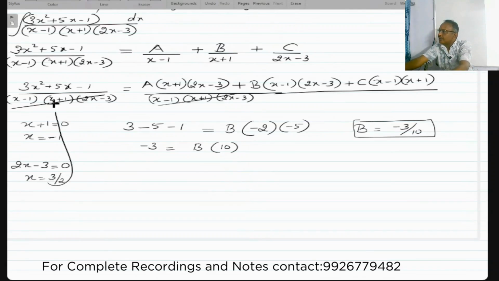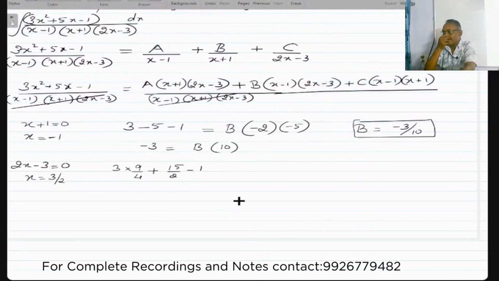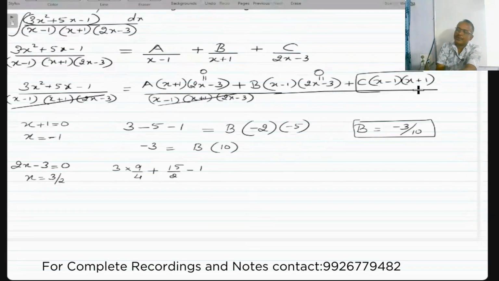Put the value of x as 3 by 2 in this. So 3 times 3 by 2 squared is 9 by 4. 5 into 3 by 2 is 15 by 2, minus 1. Right. This term got zero, this term got zero. Now this time this one will survive.